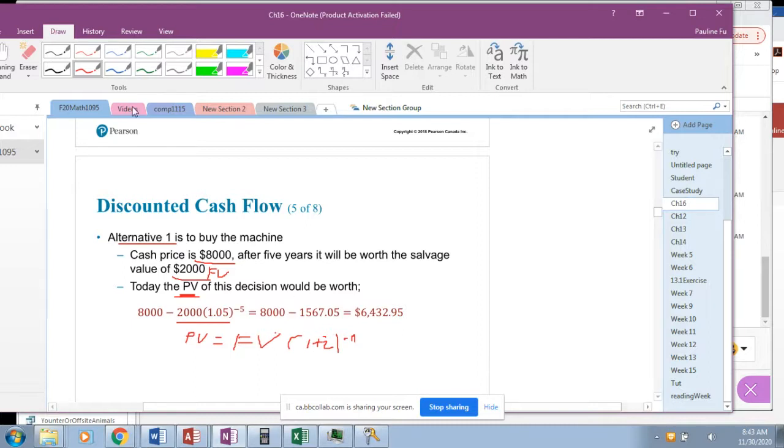How do you calculate this number using the calculator?